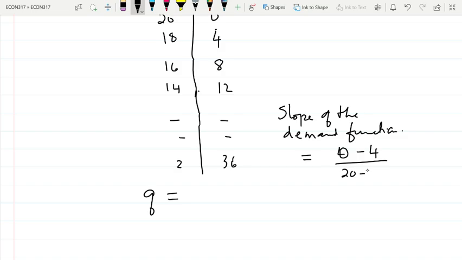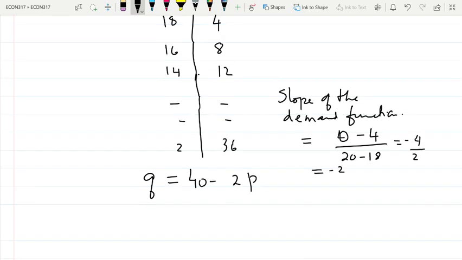So 20 minus 18, I have negative 4 over 2, negative 2. So the slope for the demand function is negative 2, and then we could see that the quantity would be close to 40 units when price is close to 0. So I have the horizontal intercept to be 40. So 40 minus slope 2 times P.